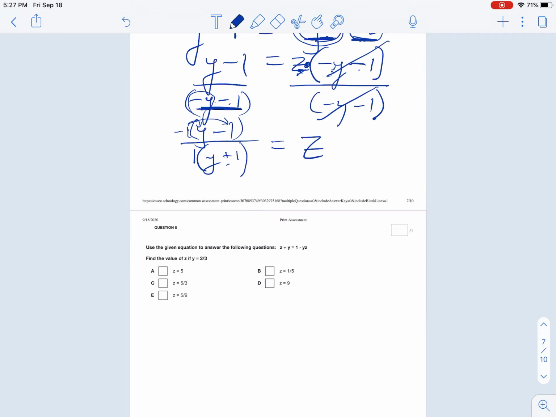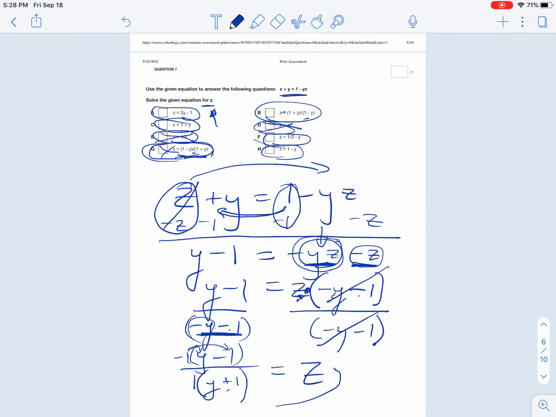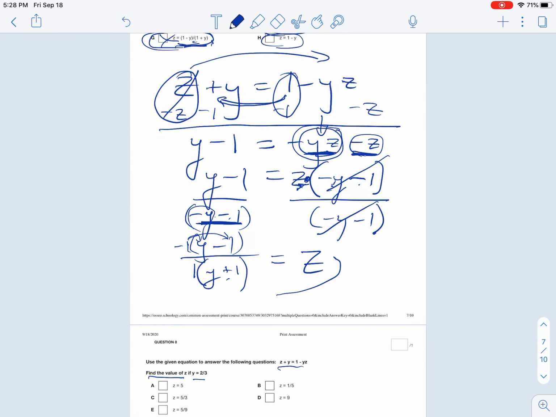We're going to take this same one that we were working on, and all we're going to do is find the value of z if y equals 2/3. Okay? And what I'd suggest is, if you solved the problem and got this as the answer, that's the easiest way to deal with it.